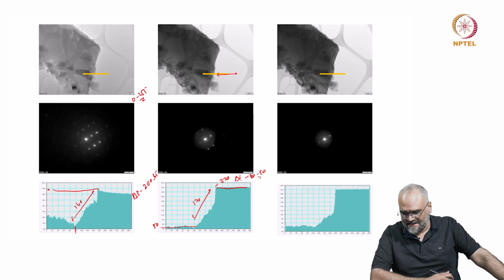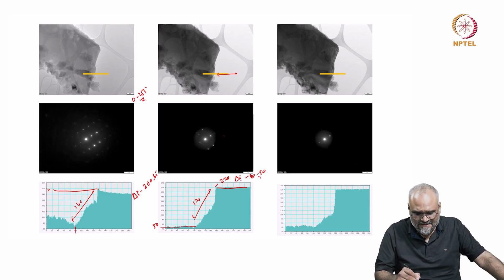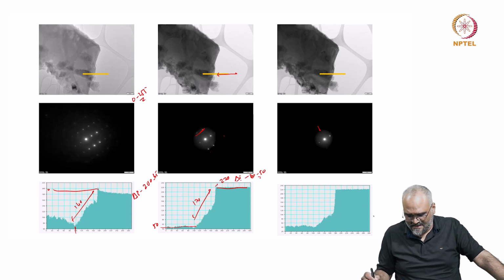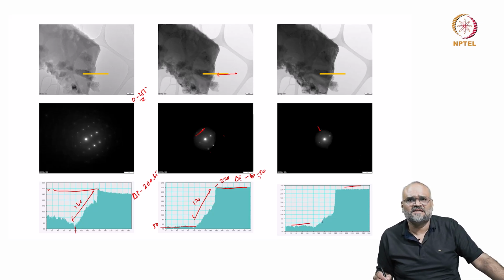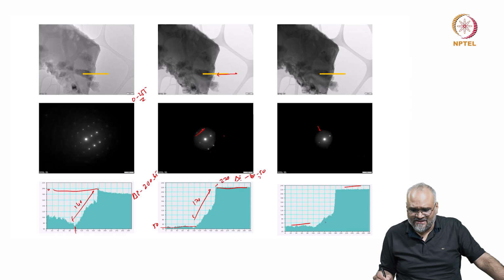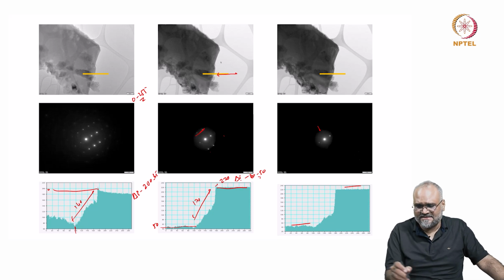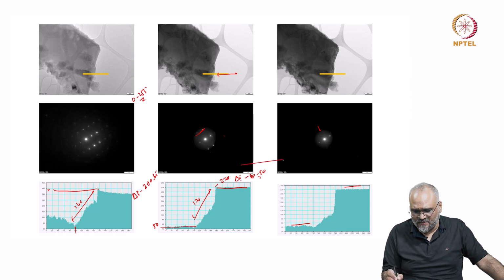In the third condition, with an even smaller aperture, I have not allowed even these reflections to pass through, and there is slightly more variation in the intensities within the specimen and outside the specimen, and there is more enhancement in contrast. If I actually look, I do not see significant improvement in contrast between these two.